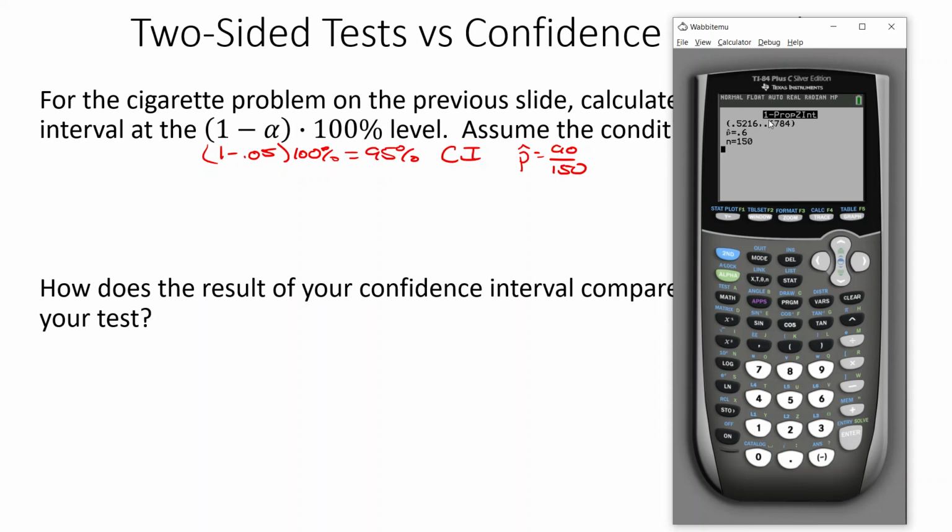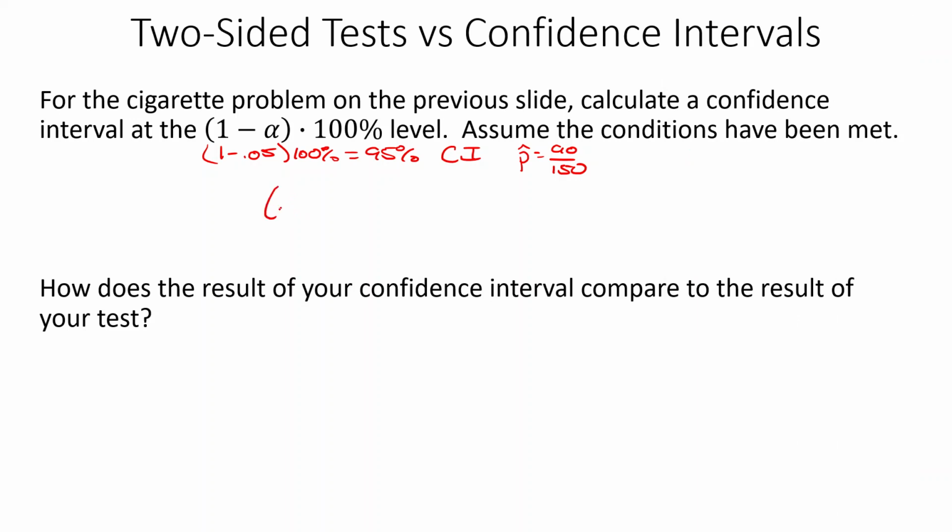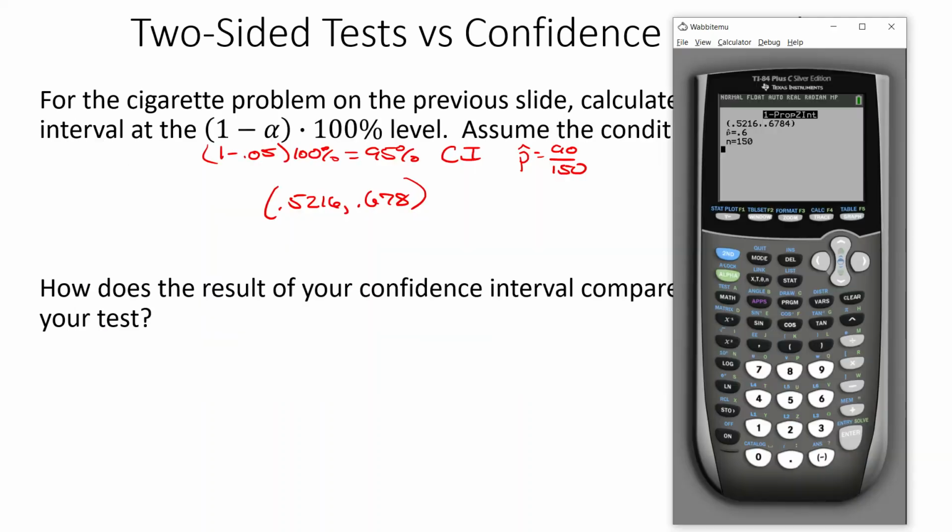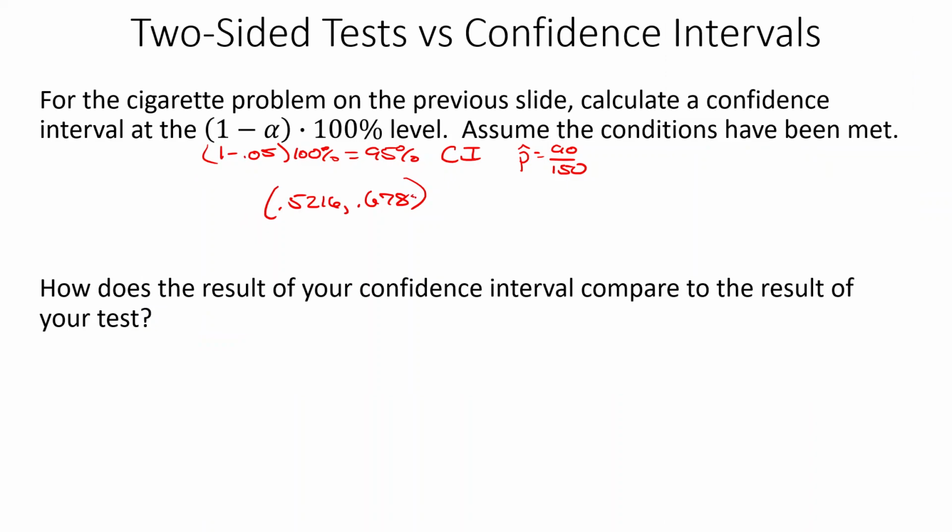And we get that we're going from 0.5216 to 0.678. Did I write that down right? Let's see. 0.5216, 0.6784. Yeah.